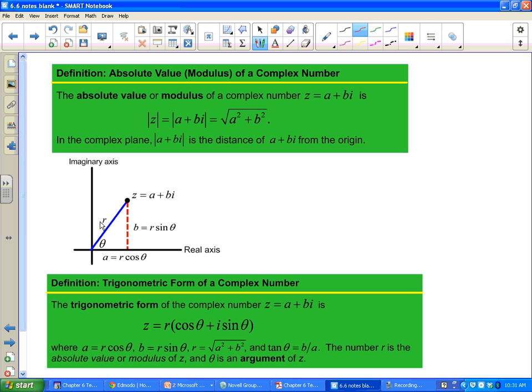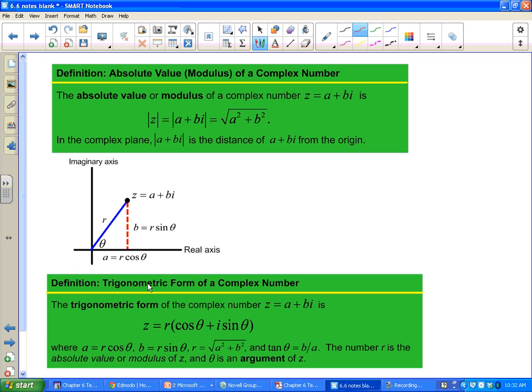Basically the hypotenuse times the sine of this angle here. We've seen that kind of situation before. And then this part down here along the x-axis would be the real part, which is a. That would equal r cosine theta. So again, this is really similar to what we did with vectors.